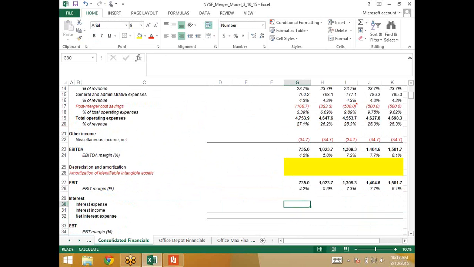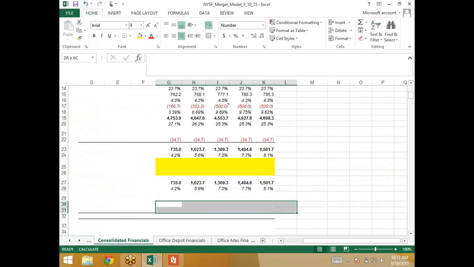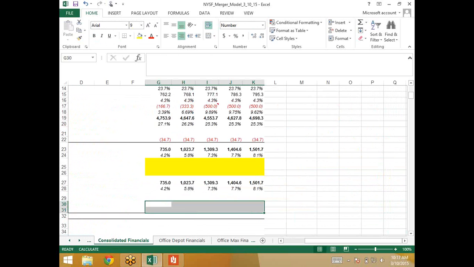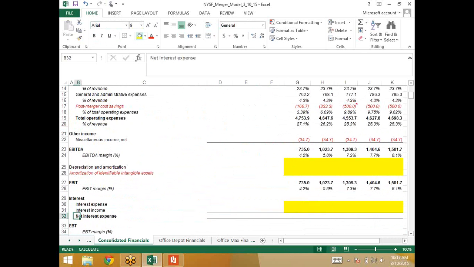And same thing with interest. We mentioned interest expense, interest income. In the mini merger model, it's the acquirer interest only. In this model, it's going to effectively be acquirer plus target because we're keeping the target interest. No matter what it is, interest expense, interest income will all come from the debt schedule. So we're going to leave it empty here. We'll still have the net interest expense calculation, which is going to be interest expense plus interest income.